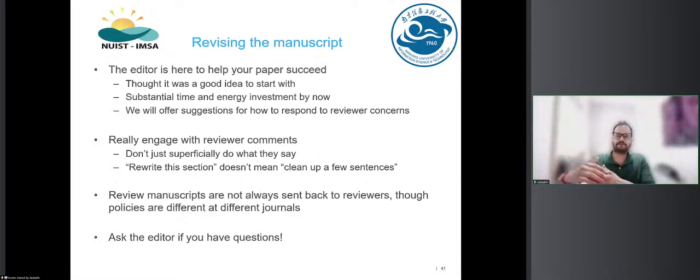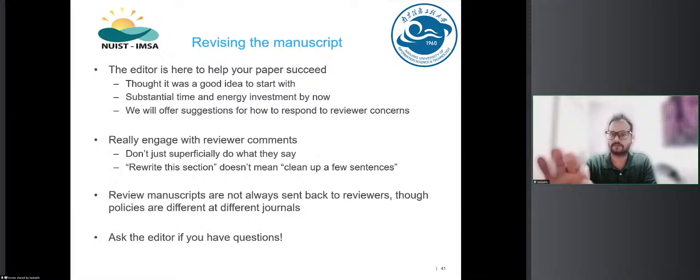So for example, if you get three comments from a reviewer, you will write an answer to all the comments. For example, if the reviewer has given you a comment that you should improve your introduction and add these particular things, then in the answer to that comment, you will write: dear editor, thanks for this comment.